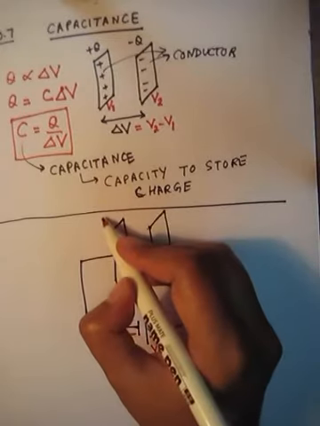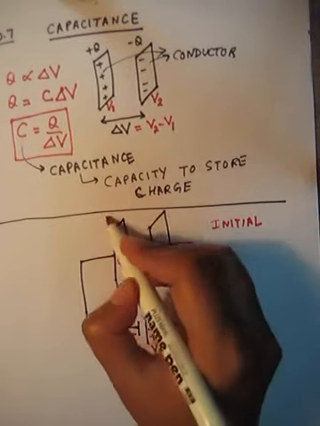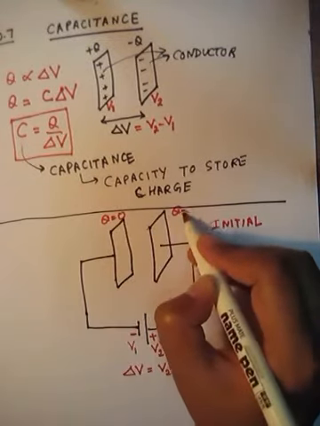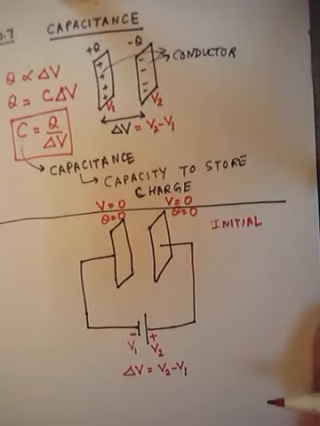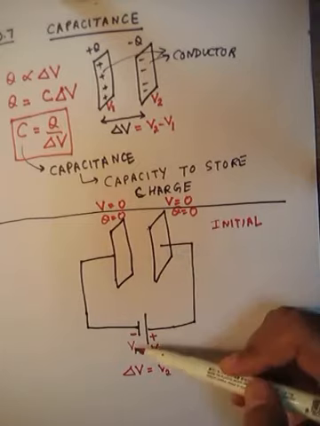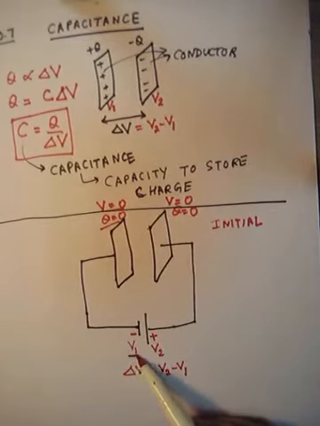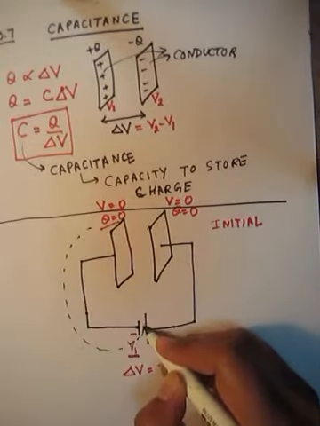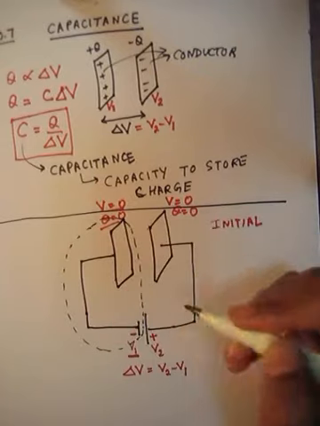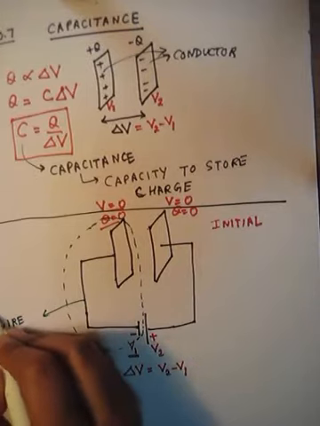Now this is your initial situation. The charge on the plates is 0, and the potential here is 0 and the potential here is 0. Because there is a potential difference at the battery, here you have no potential, no charge, while here you have a potential. Now if you pay attention to this part of the figure, this is a metallic wire.